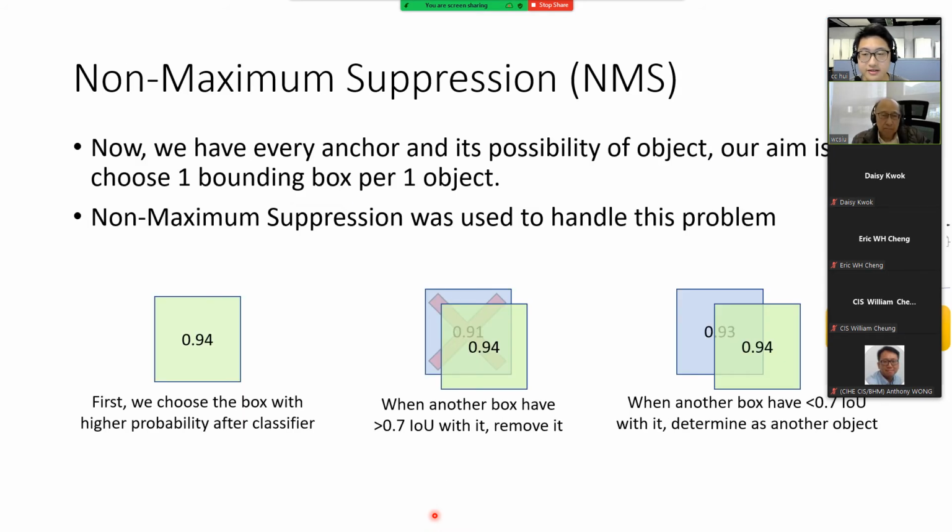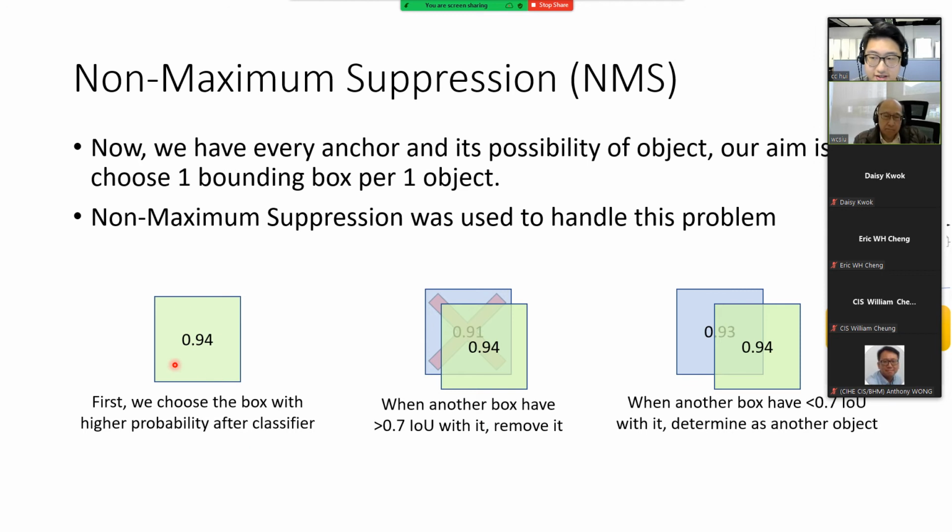The second concept we bring in is called non-maximum suppression. Don't look at the words, look at the example here. First we choose the box with higher probability after we classify it.